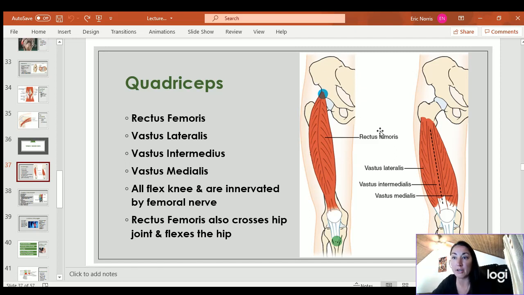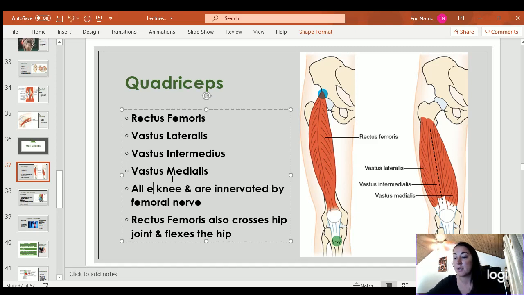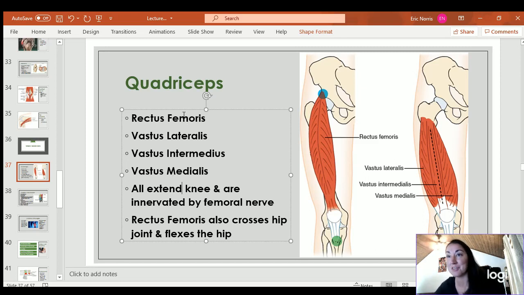The others do not. I said they flex the knee. I need to fix that. They extend the knee. I'm sorry. So all of these extend the knee. I don't know how I made that mistake, but all of the quadriceps extend the knee, but the rectus femoris also helps with hip flexion. Sorry about that.